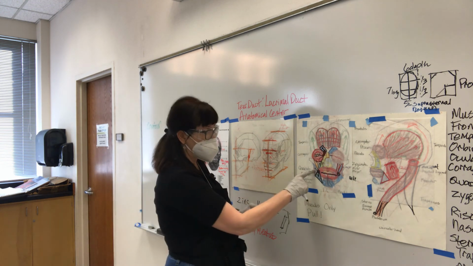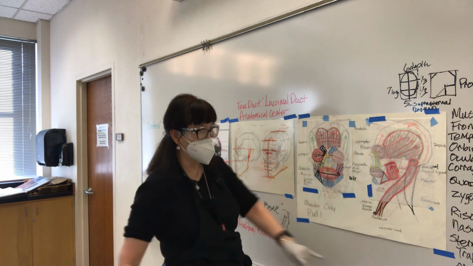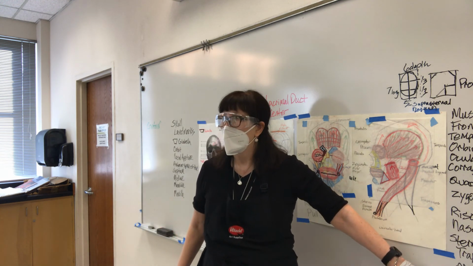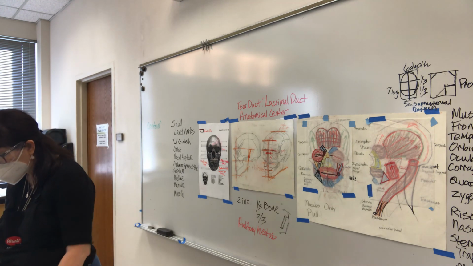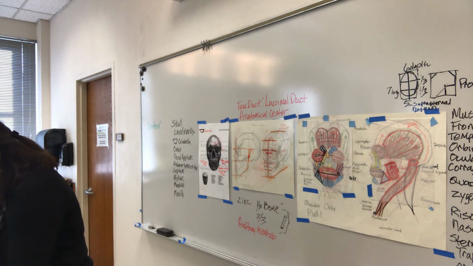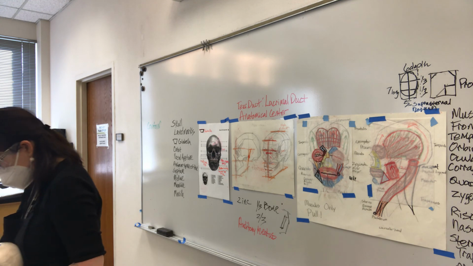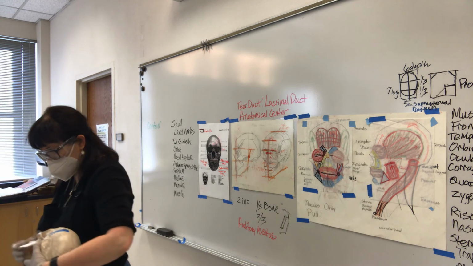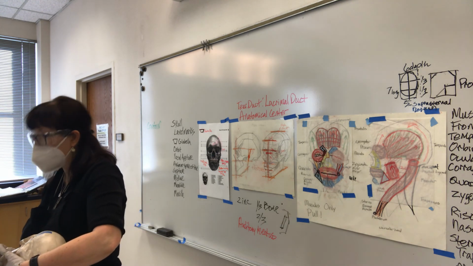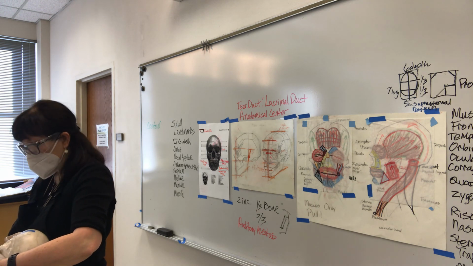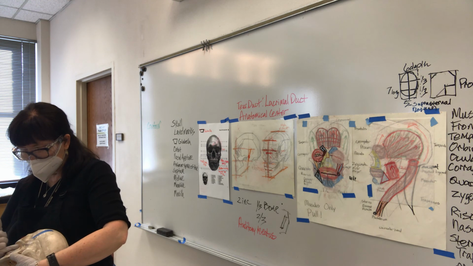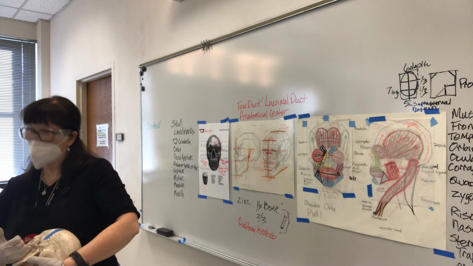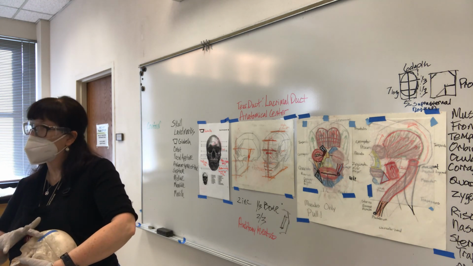To the side of this back here, we have this major muscle called the masseter. Now, as far as thickness, this is a thick muscle. And that muscle is about 2 centimeters thick. It wraps down around here on the ramus, and it comes up underneath the zygomatic arch, and it attaches right here.